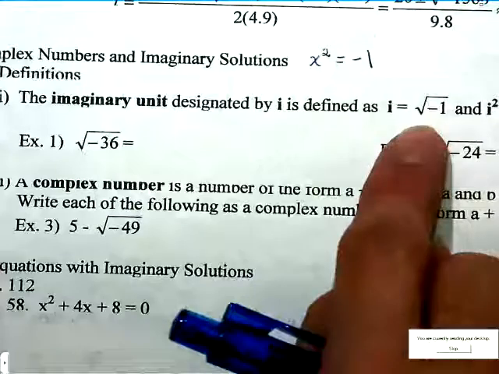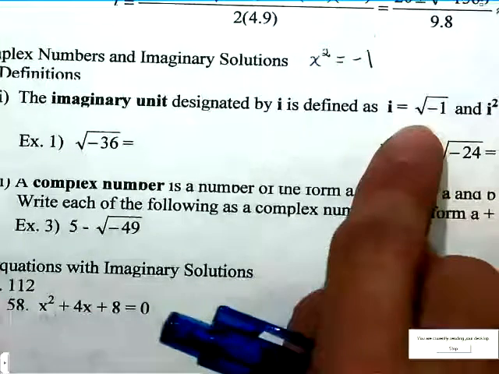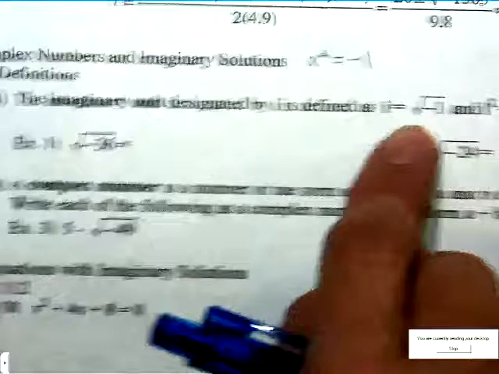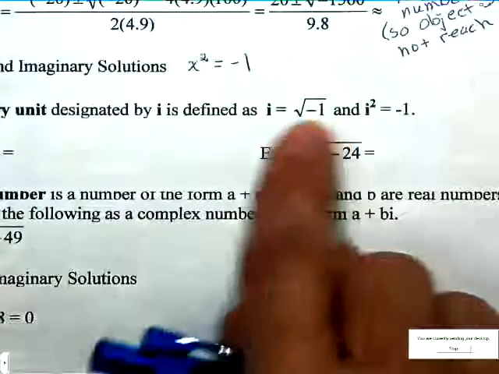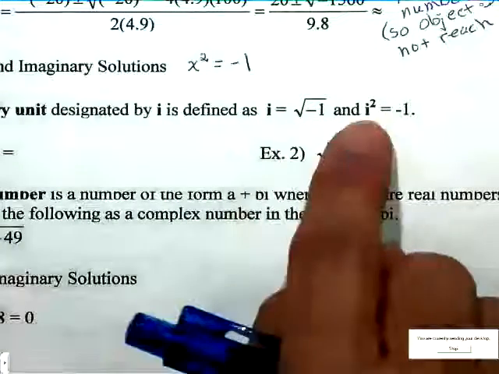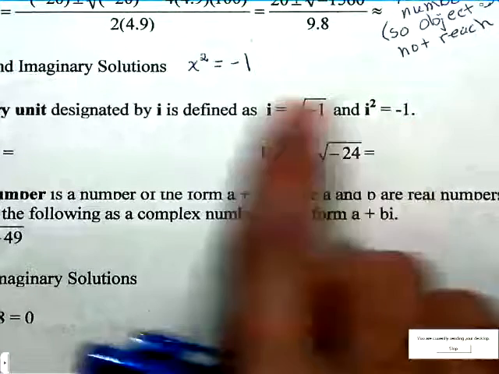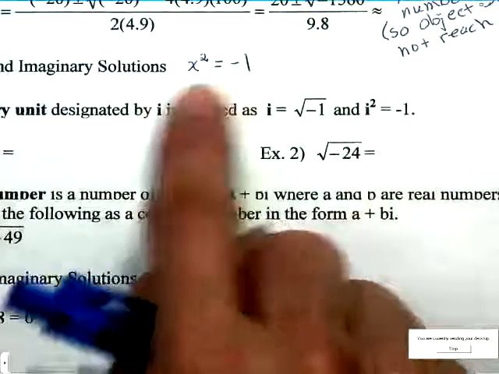All of a sudden, mathematicians could do things they could never do before, and most of us don't need to do. i is the square root of -1. And if you square both sides, you get i squared is -1. i is the solution to that equation. It makes the equation true.